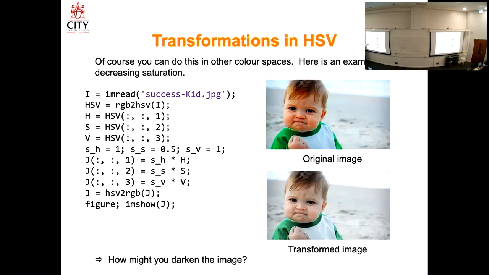So you see, the second one is a less saturated image, right? As simple as that. So how do you darken the image? Yeah, you can reduce value. Make it 0.3, for example. The image will be dark.